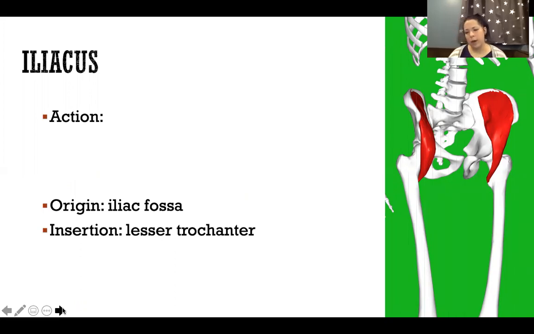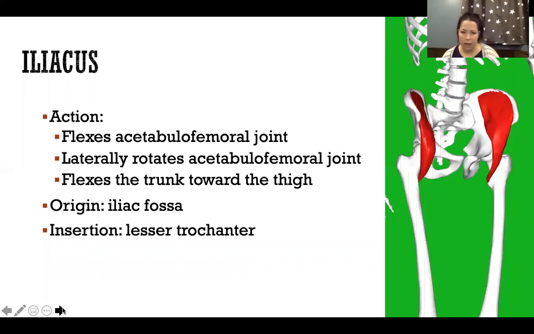If you think about it, coming down from the spine and going down to that lesser trochanter, if the muscle shortens, it's going to pull the lesser trochanter forward from the posterior to the anterior side, and that would be lateral rotation. So it's pulling that lesser trochanter forward through the medial side, rotating the femur in a lateral direction.